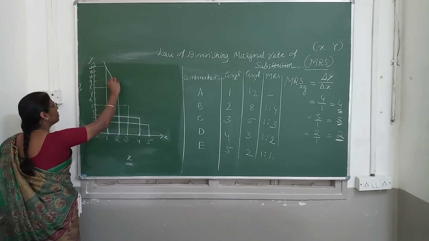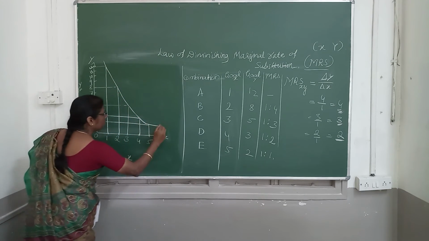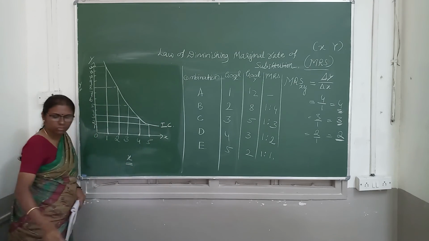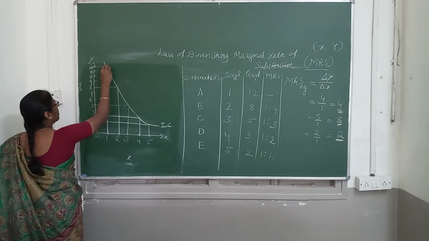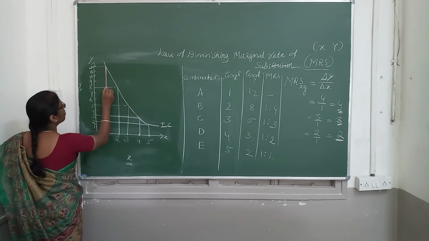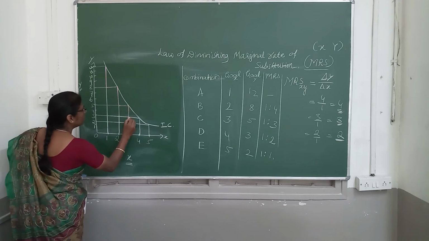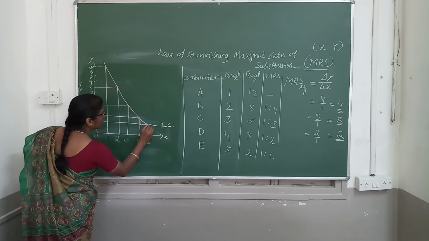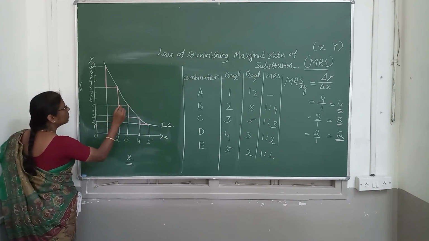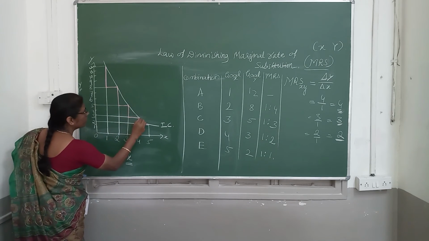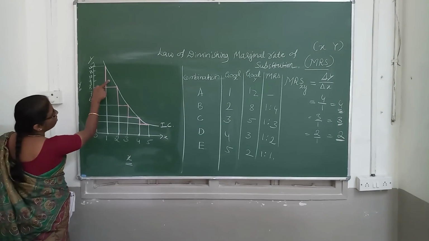See here, what is this? The indifference curve. Now I will show the slope here. Check it. This is the slope, and the slope is falling.